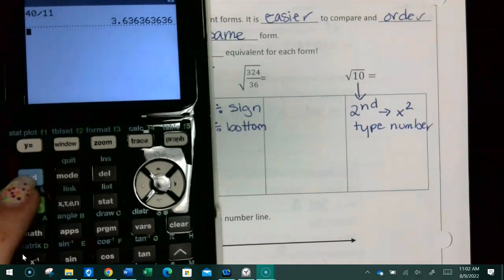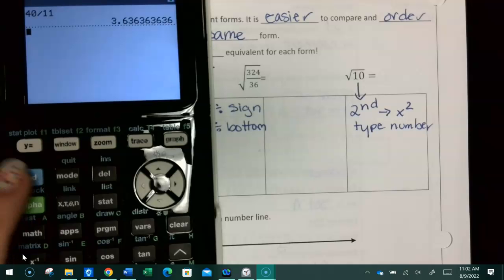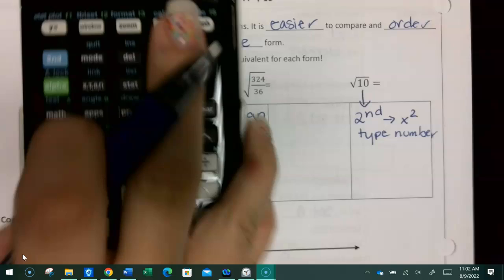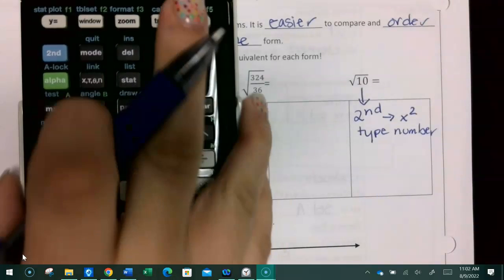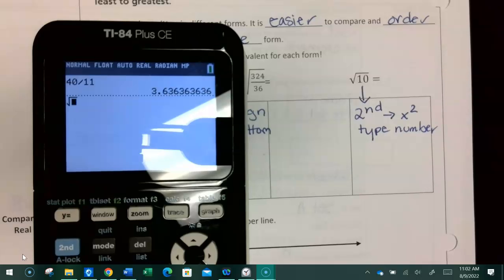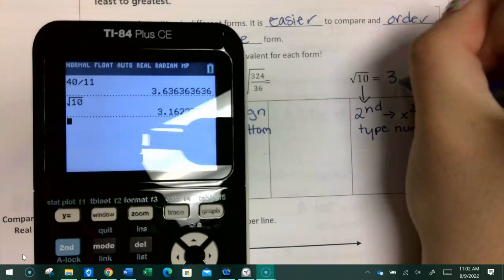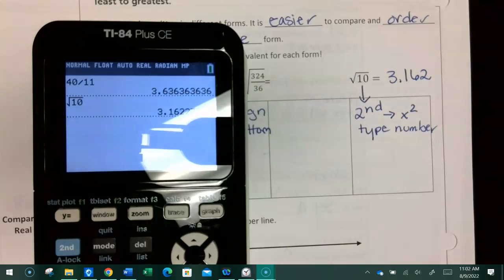I think yours is the same color. It's blue. So I press that. My x squared is diagonal from the 7. So I press that. A square root symbol should show up on my calculator. Then I just want to type the number of 10. And I press enter. This one I'm going to round. It's 3.162.